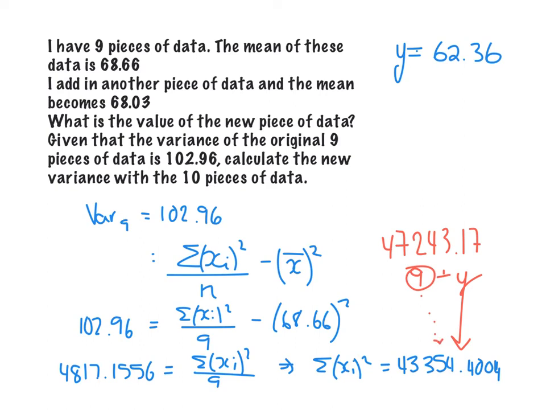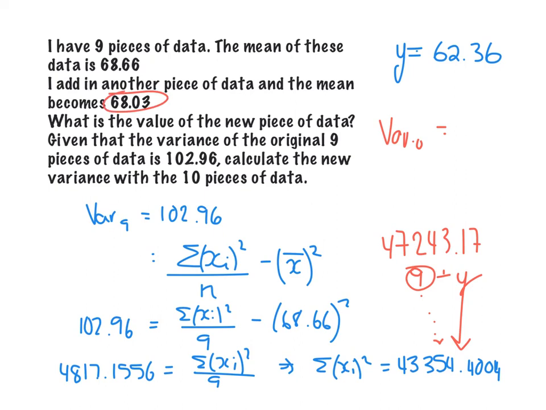And then I'm just plugging it into the variance formula. So taking that squared value, dividing it by the number of numbers, which is now 10. So my variance of 10 is taking this 47,243.17, dividing it by 10, and then minusing the new mean squared. So the mean that's come from 10 values. That would be the 68.03 that we had in our question.